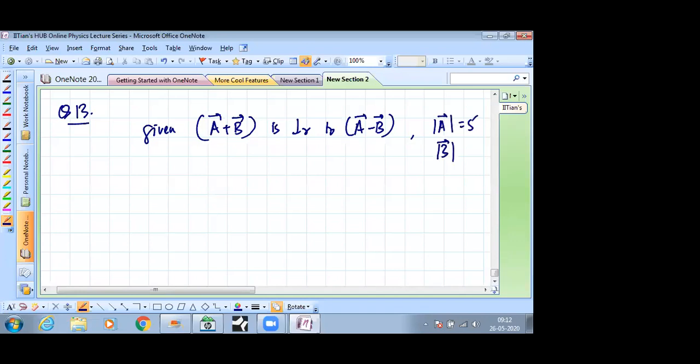So mod B we have to find out, the magnitude of the vector B. Okay. Now this question I will show you by number of different methods today. The first method we'll see is what we've just done recently, using dot product.